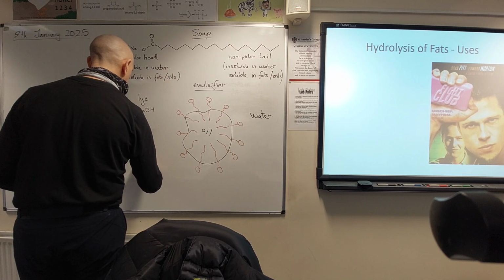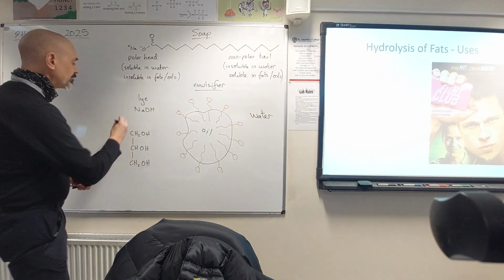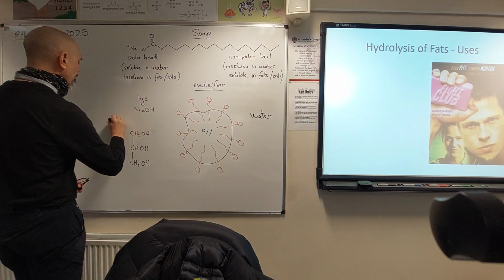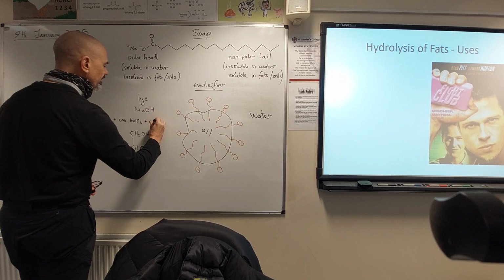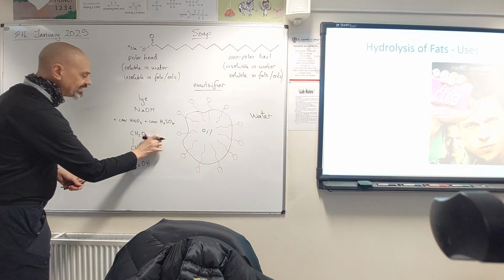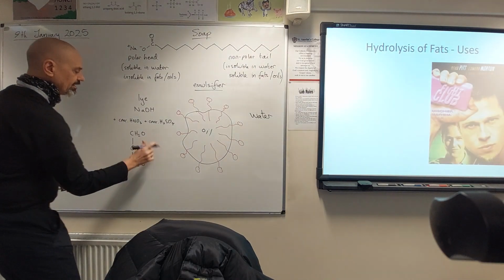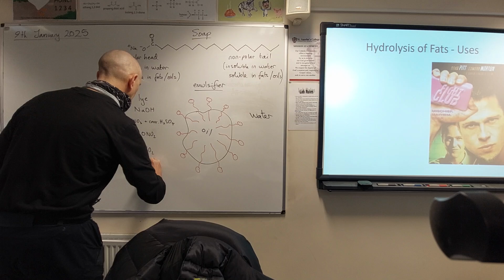Why do they want to make glycerol? Because if you take glycerol and you mix it with concentrated nitric acid and concentrated sulfuric acid, then it replaces the H's on the end and makes nitro groups on the end.